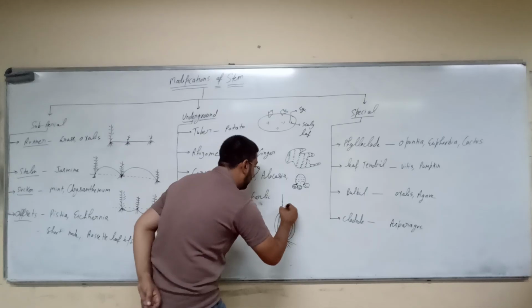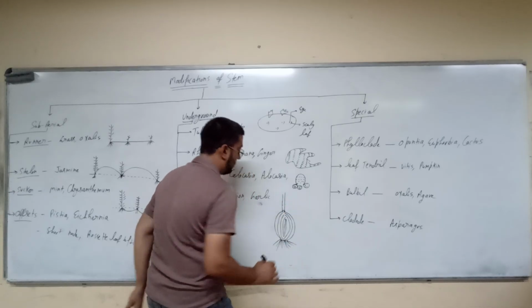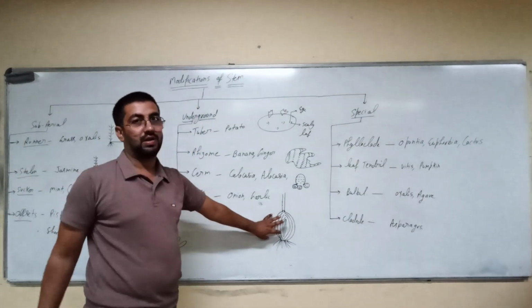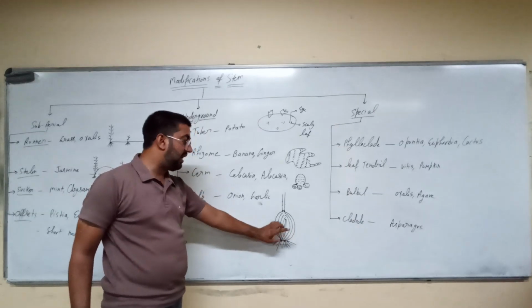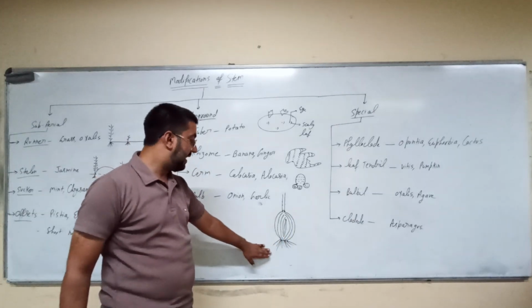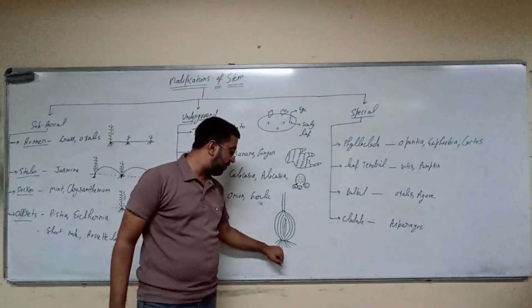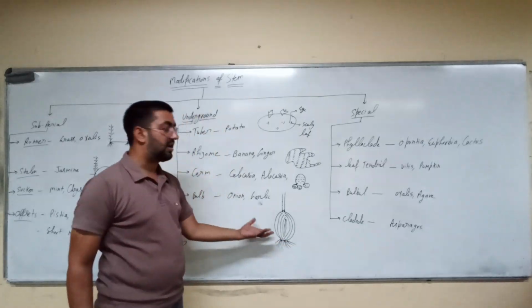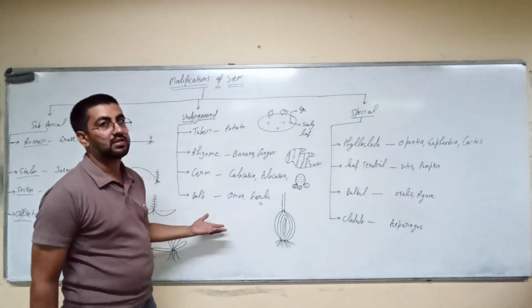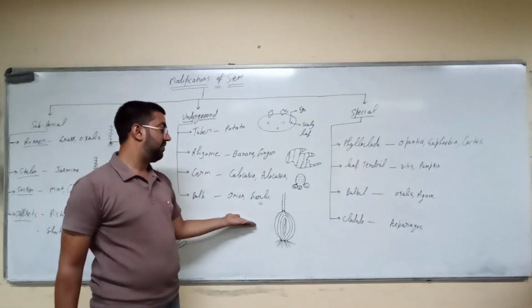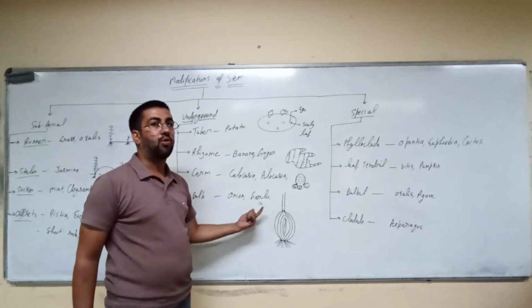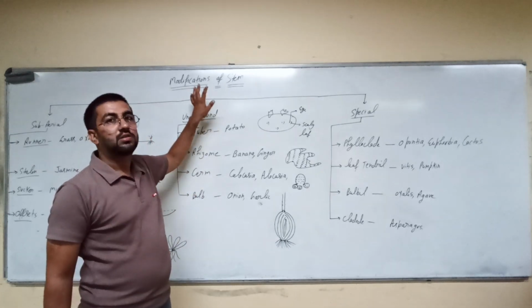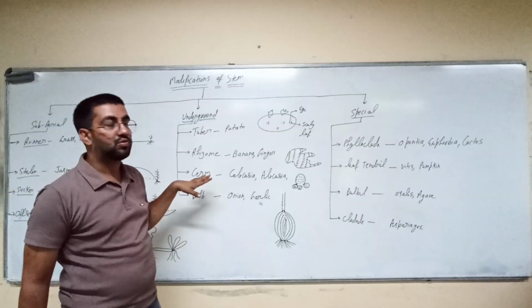You can see these are scaly leaves which store the food, and this is a group of roots which arise from the base, the disc-like structure. It is bulb. Onion and bulb both are underground stems. Note the root, underground stem.